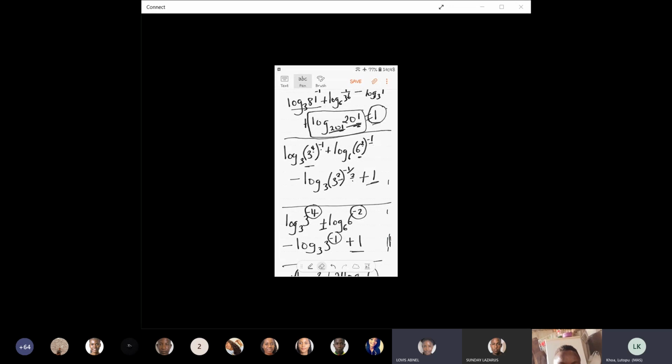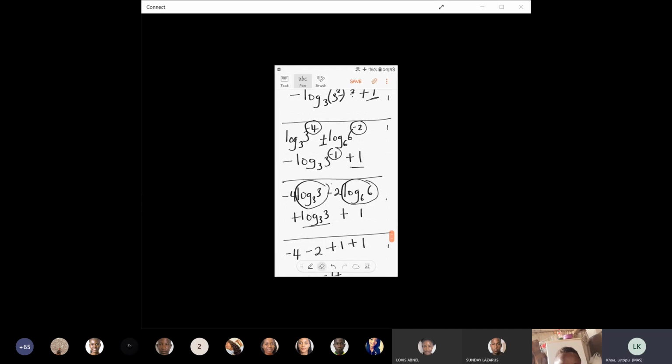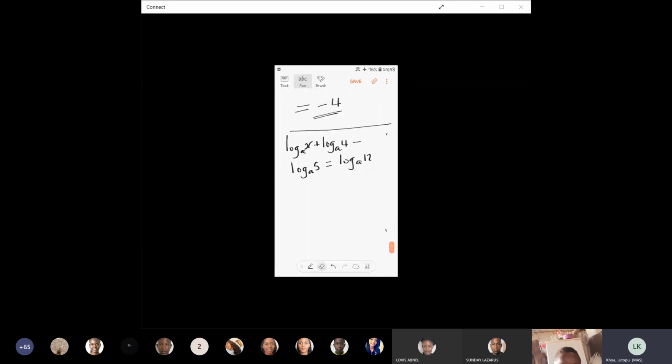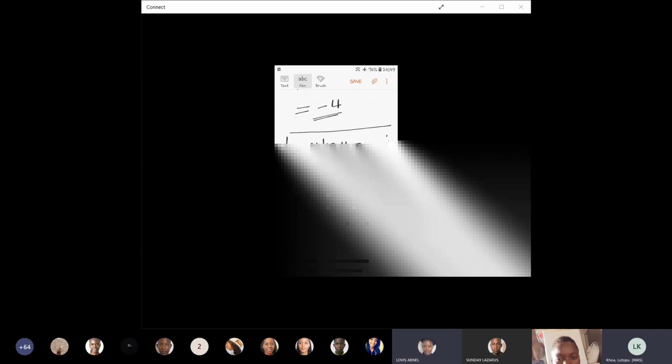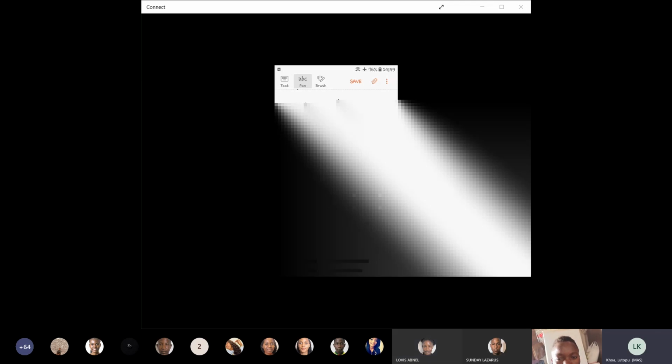Can you not simplify the log 6 into 3 to the power of 2? No, you cannot do that, because 3 to the power of 2 is 9. So you cannot change that one. Okay? 3 to the power of 2 is 9. And 2 to the power of 3 is 8.